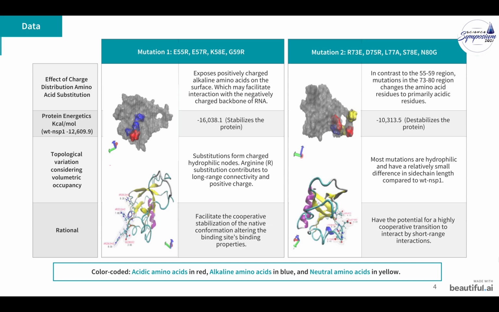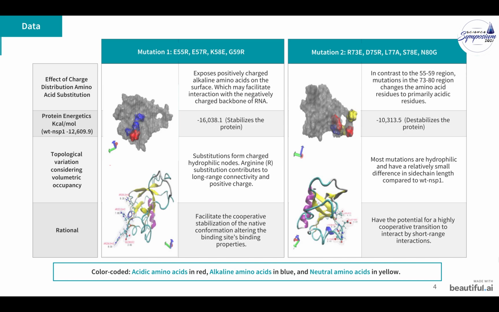Mutation 1 is E55R, E57R, K58E, G59R, while mutation 2 is R73E, D75R, L77A, S78E, N80G. Here, all the alphabets represent amino acids, while the numbers represent the location within the 180 residue long protein.